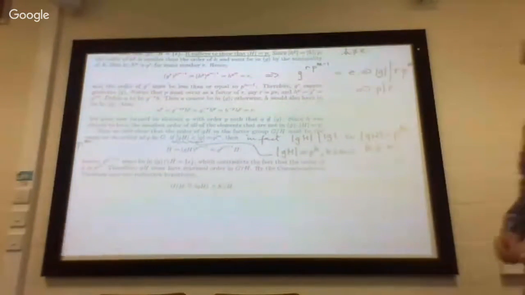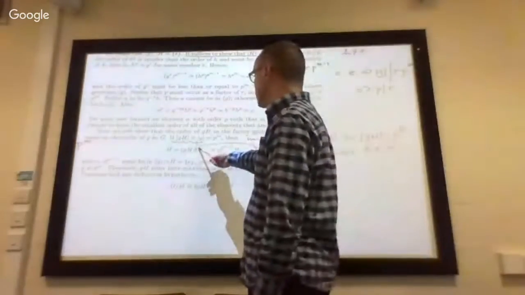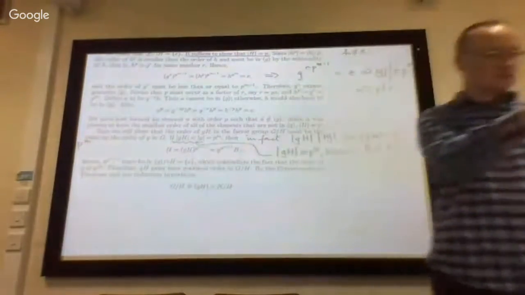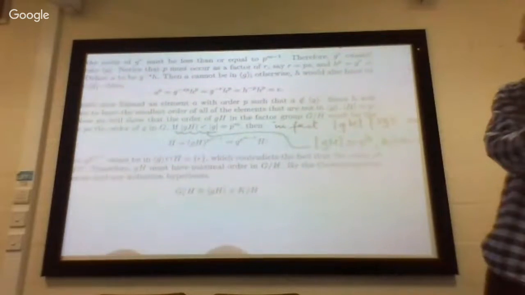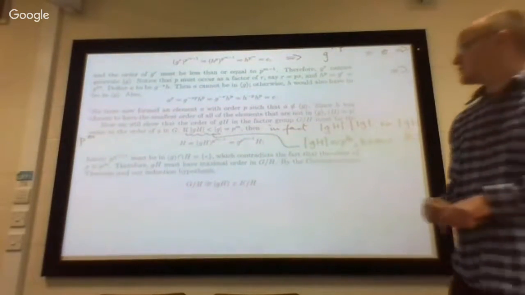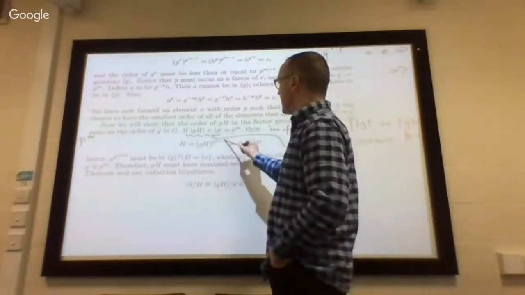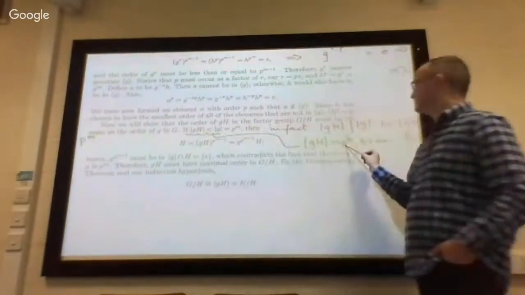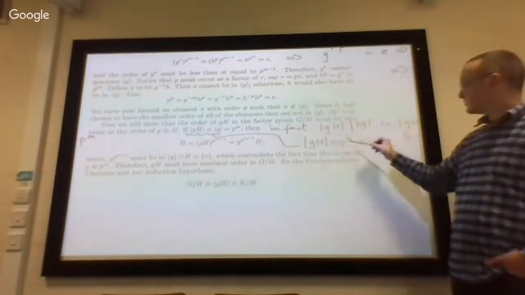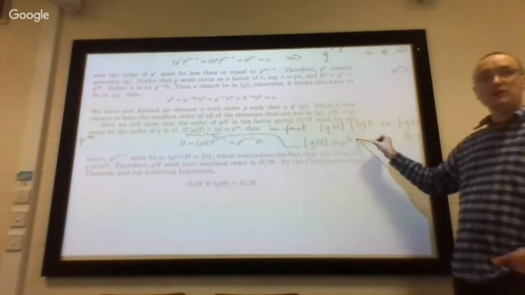So in other words, when you raise it to the power p^(m-1), that means you're raising it to a power which is some multiple of its order. It might be exactly its order. Maybe its order is p^(m-1).